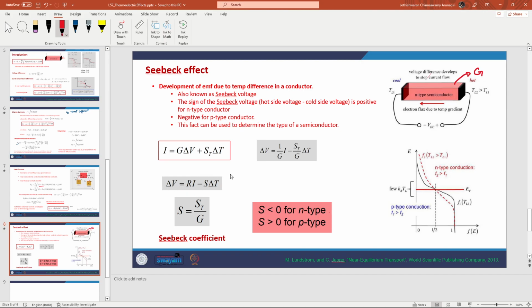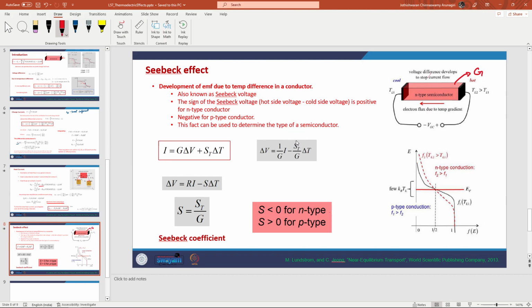Of course, how can we write the voltage difference? The voltage difference can be written in terms of Kirchhoff's law essentially. So it is I times R minus S times delta T. Now R is of course 1 over G. So from that, we can essentially get the Seebeck coefficient, which is S_t upon G. Delta V can be written as I times I upon G minus S_t by G times delta T. So this is the voltage difference here.